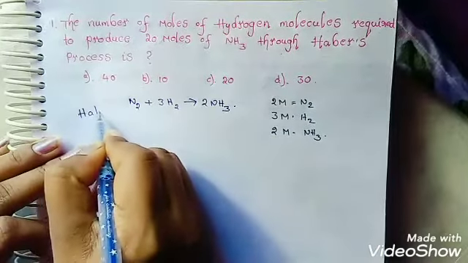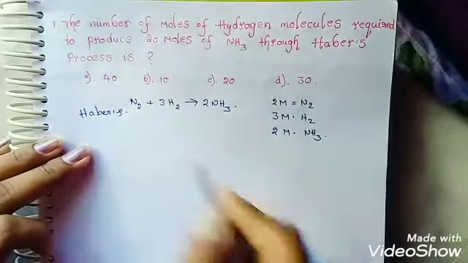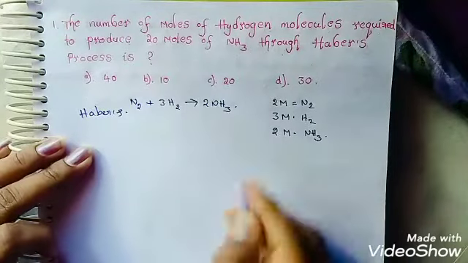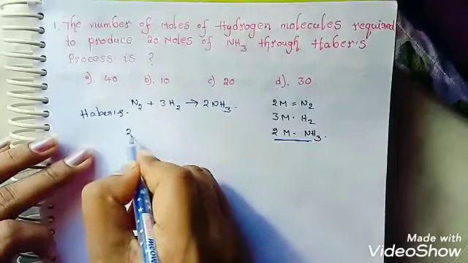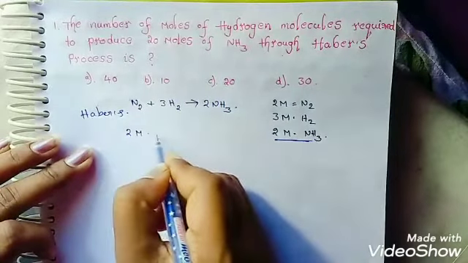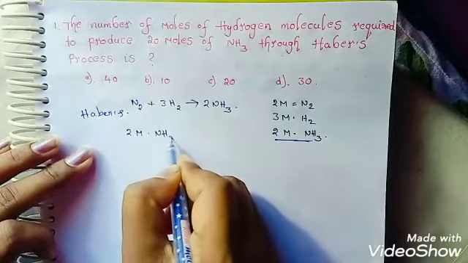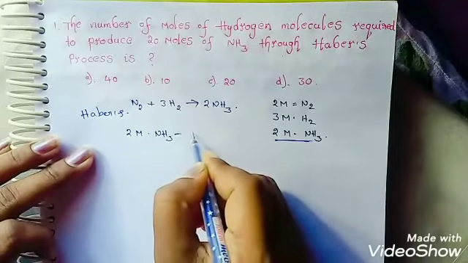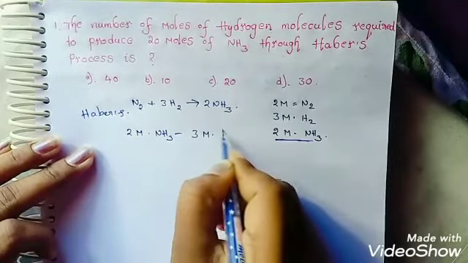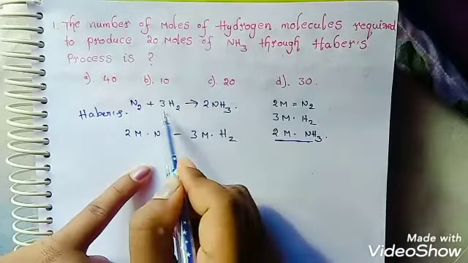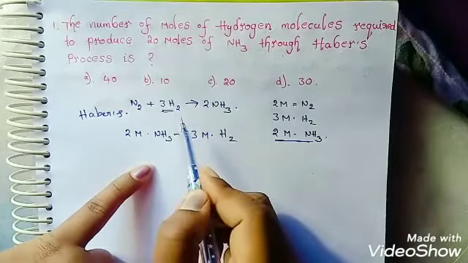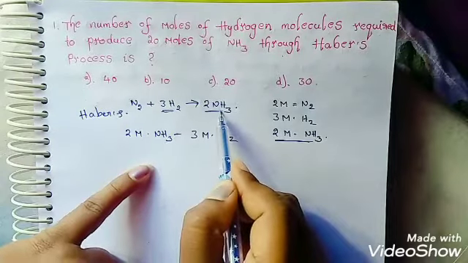What, students? This is Haber's process. I told you already that 2 moles of NH3 is formed by 3 moles of hydrogen. So we have to use 3 moles of hydrogen to prepare 2 moles of NH3.